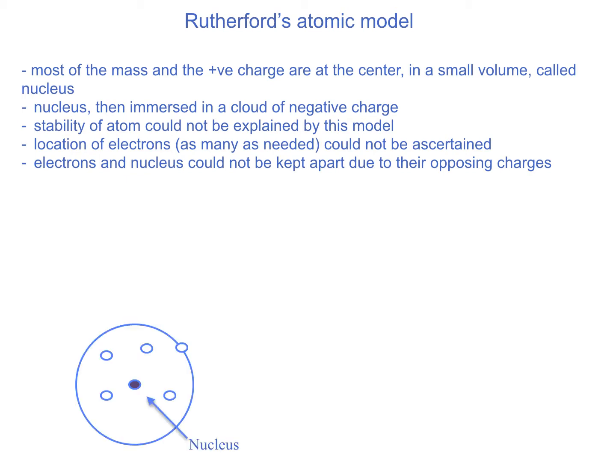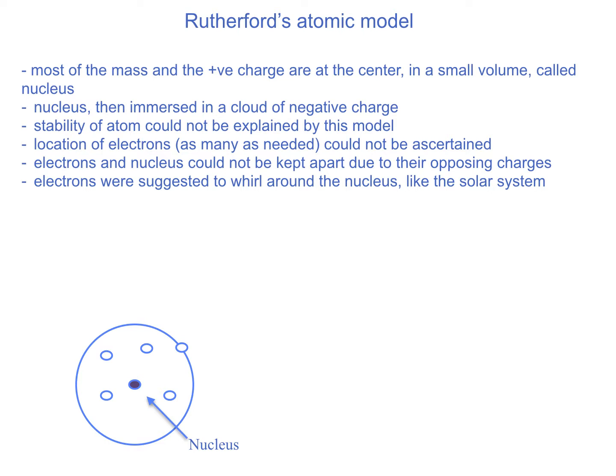And so you have a nucleus at the center, and then the cloud of electrons surrounding that. Then it was suggested that the electrons may whirl around the nucleus like the planets around the sun in our solar system. And so this is a gravitational model that was supposed to be operating in the same way as the atomic model would. So it's very appealing to people to think that the nucleus is the sun, and the electrons are the planets, and so the planets go around the sun but do not fall into the sun.